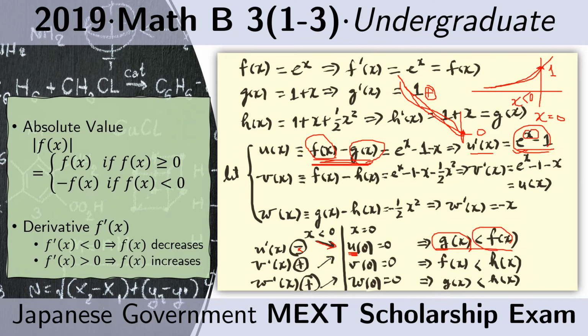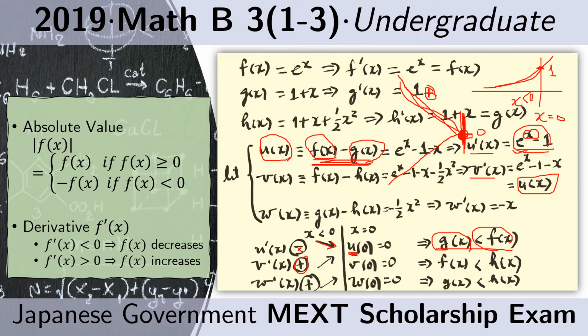Again, that's because we have learned that before x equals 0, to the left of x equals 0, u of x must have been positive. Now, if u of x were positive, then this value here must be positive as well. And that is just v prime of x, and therefore we have something to write here. We now know that v prime of x is also positive, and if v prime of x is positive, then that means that it had to be increasing before it reaches 0, right?